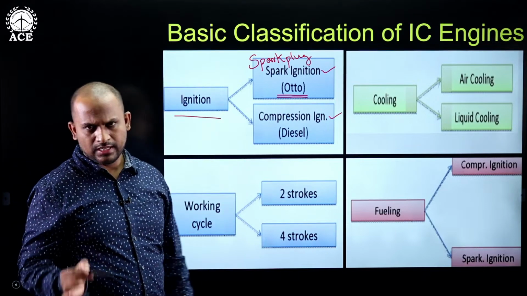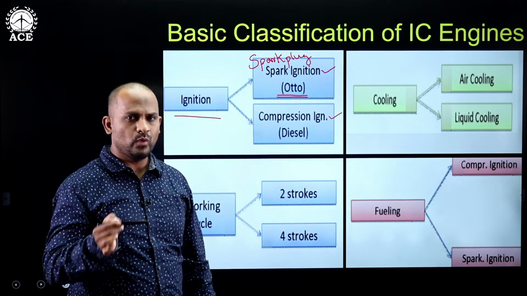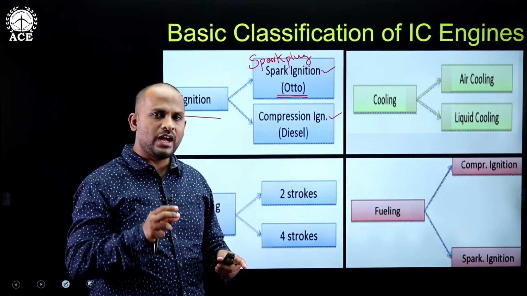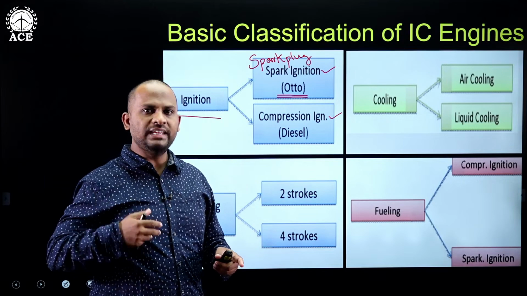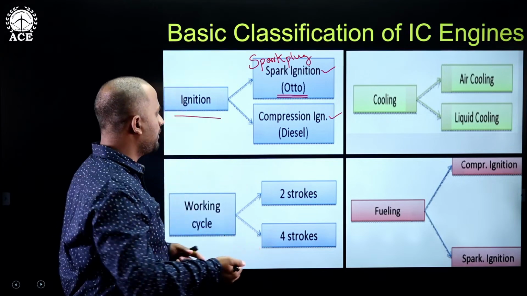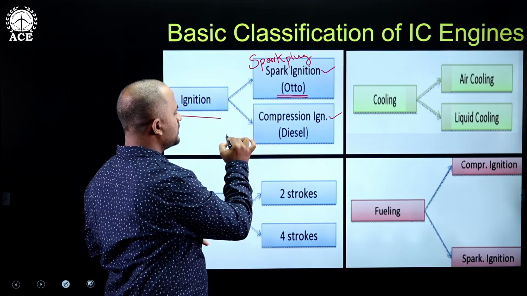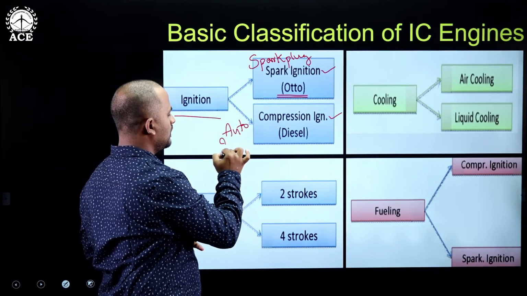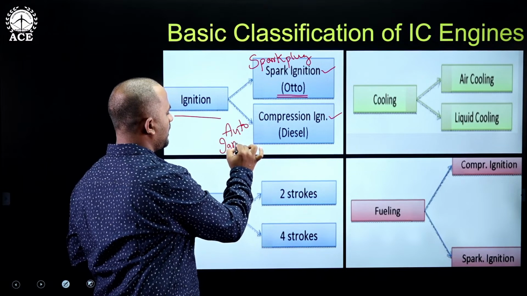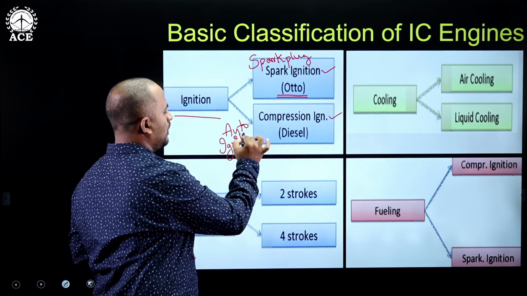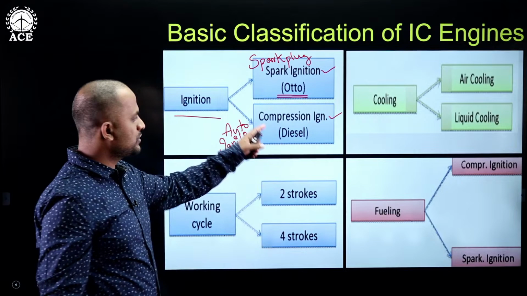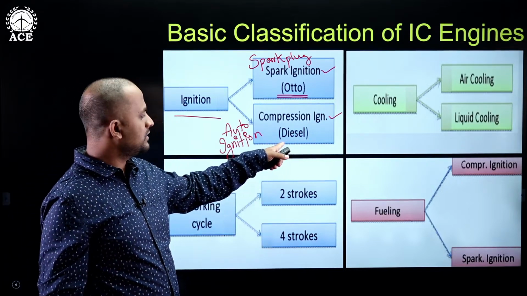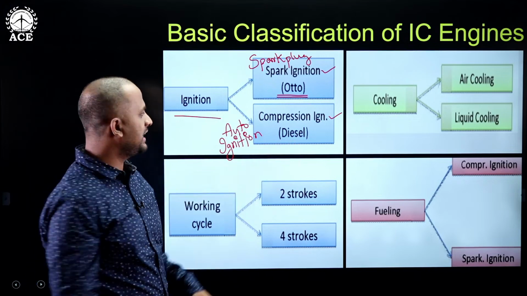The second one is the compression ignition engine, where the ignition of the charge takes place by itself, that is, auto ignition happens in compression ignition engines, which are based on the diesel cycle.